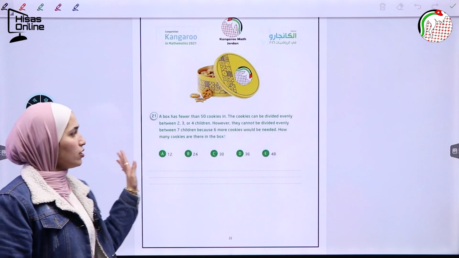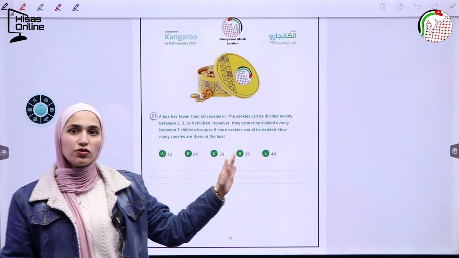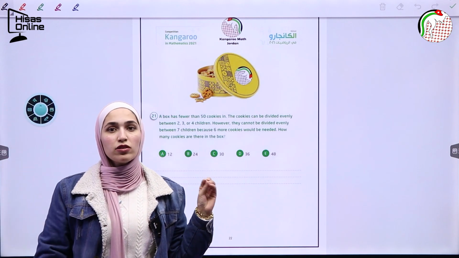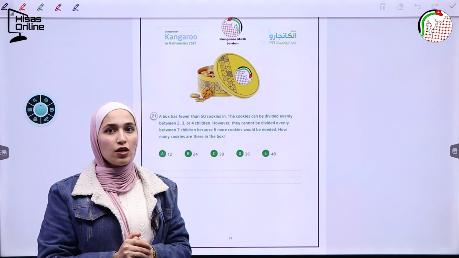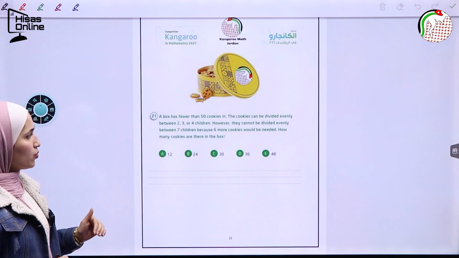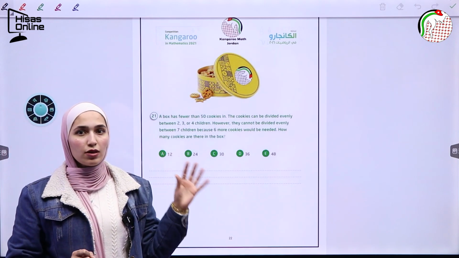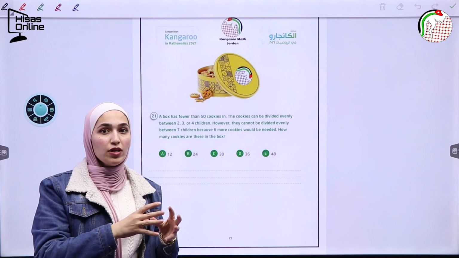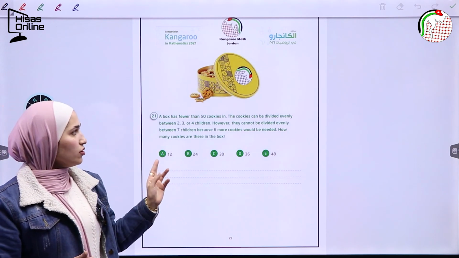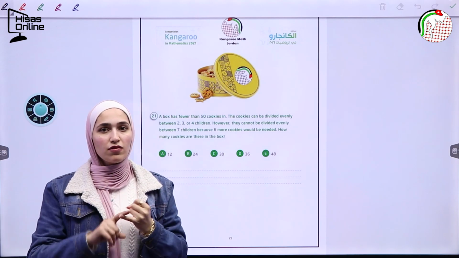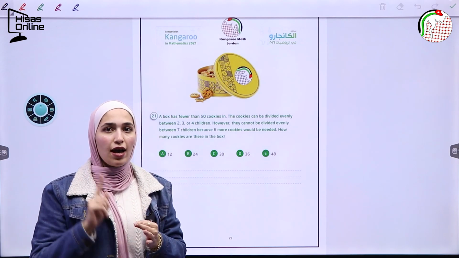So students, you should try to divide all the answers by 7, and the remainder should be 1 because 6 more cookies would be needed. So let's see which number, when you divide it by 7, gives a quotient with the remainder 1. And after that you should check if the number is divisible by 2 and 3 and 4.